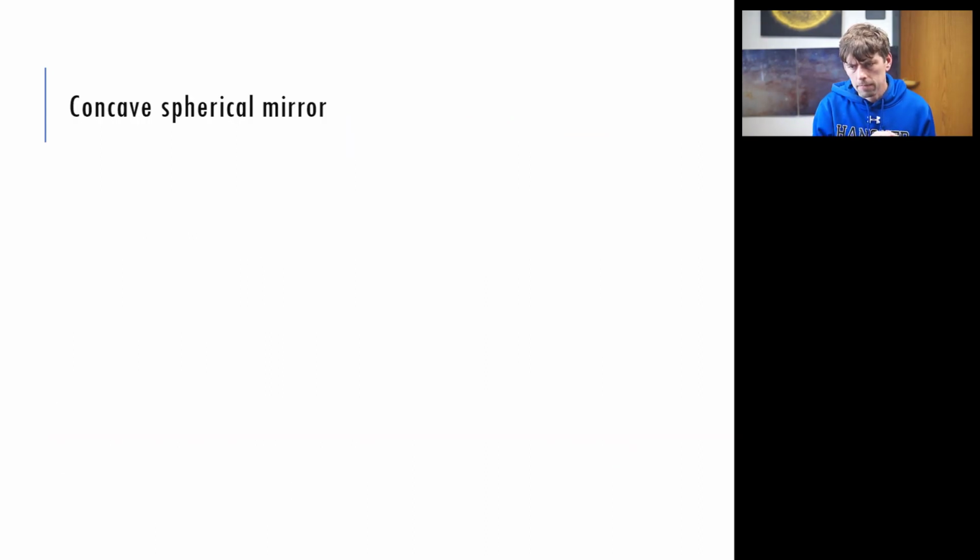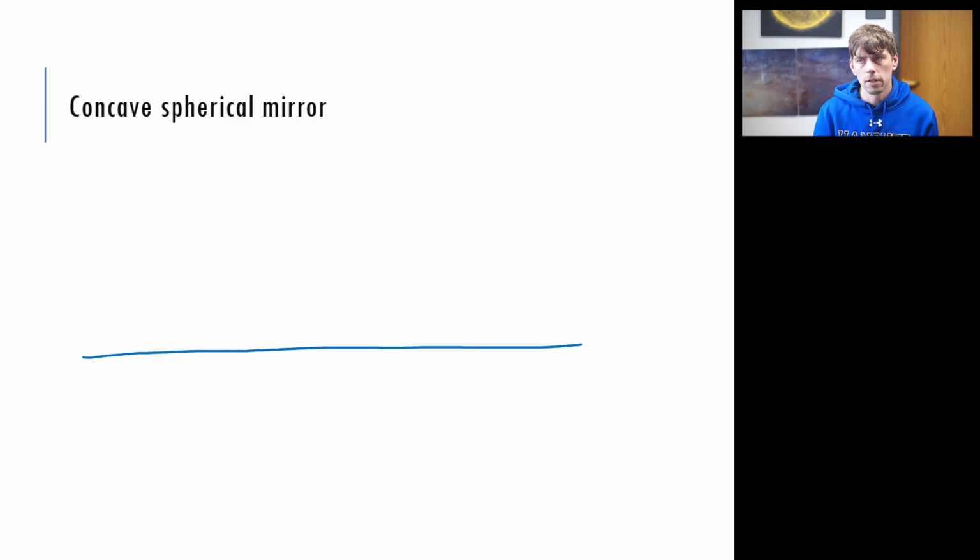Well, let's go ahead and consider the case of a spherical mirror. So I will be slightly more careful here. I'll draw an optical axis. I'll put my mirror here, and let's pretend that this distance represents the focal length.